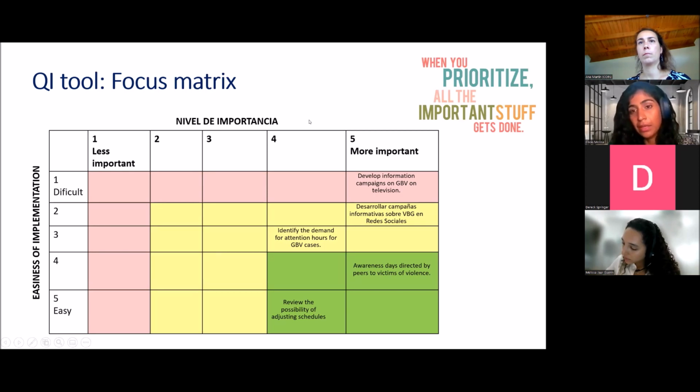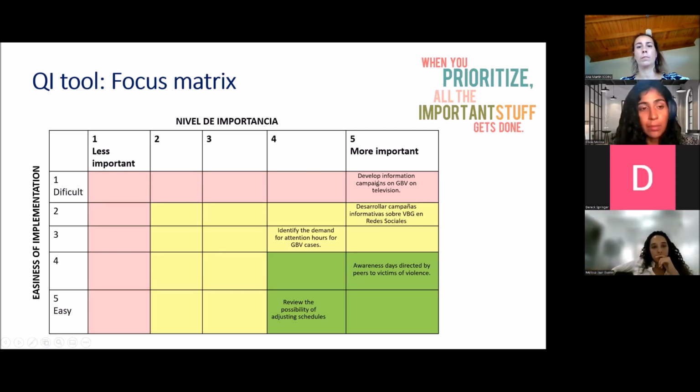Pues bueno, el equipo considera que es muy importante, pero en la escala de facilidad de la implementación, ¿qué tan fácil o difícil puede ser en este momento del proyecto realizar la campaña de televisión? Entonces en esta etapa decimos: no, mira, ahora mismo es muy difícil realizar las campañas de televisión.